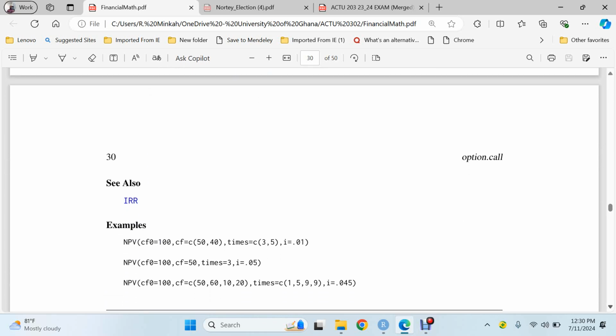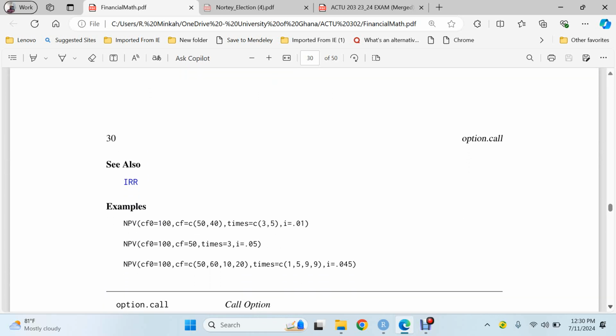Yeah. So can you try? So this example, if you look at it, it means at the beginning of the investment, the person puts in 100. The first year, so that's the first. The second year, you don't get anything. So it's like third, fourth, you don't get anything, and then the fifth.